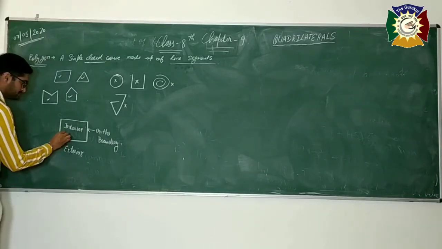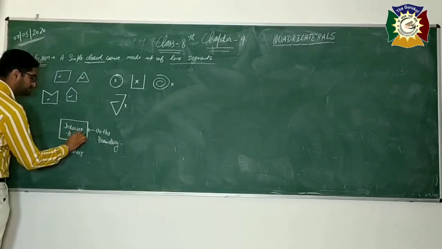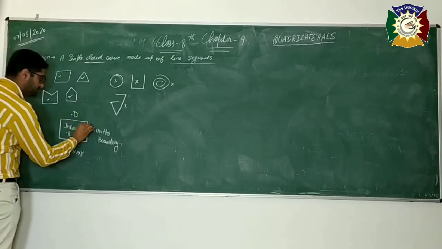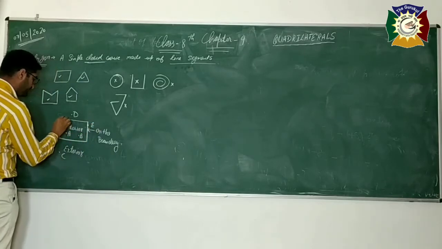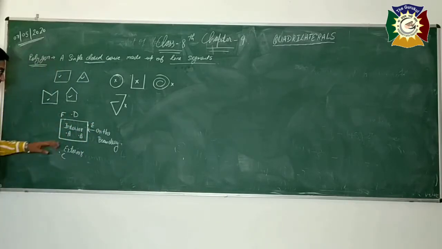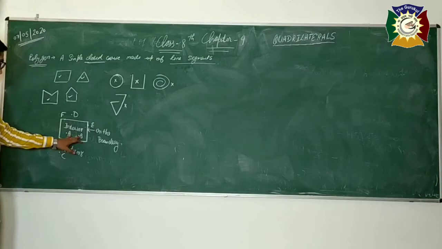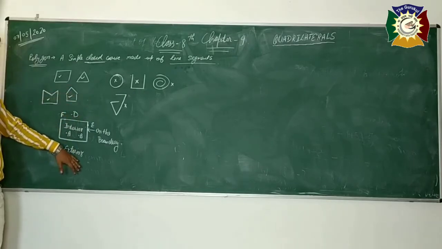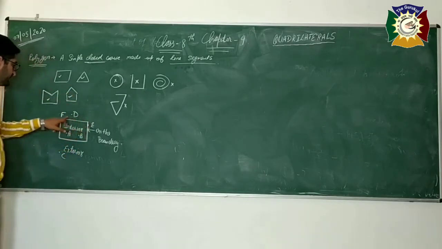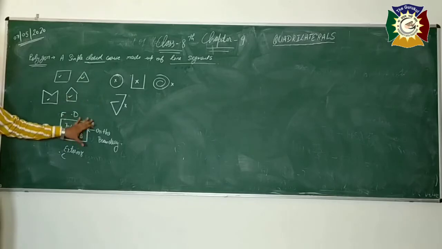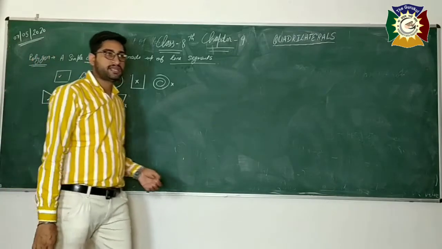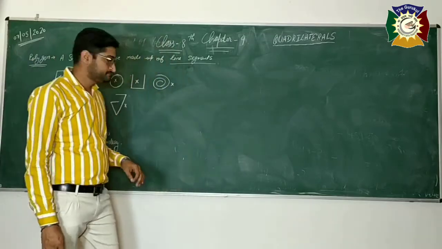See, this is point A, point B, point C, point D, point E, and point F. Point A and point B lie in the interior of the polygon. Point C and point D lie in the exterior of the polygon, and point E and point F lie on the boundary of the polygon.